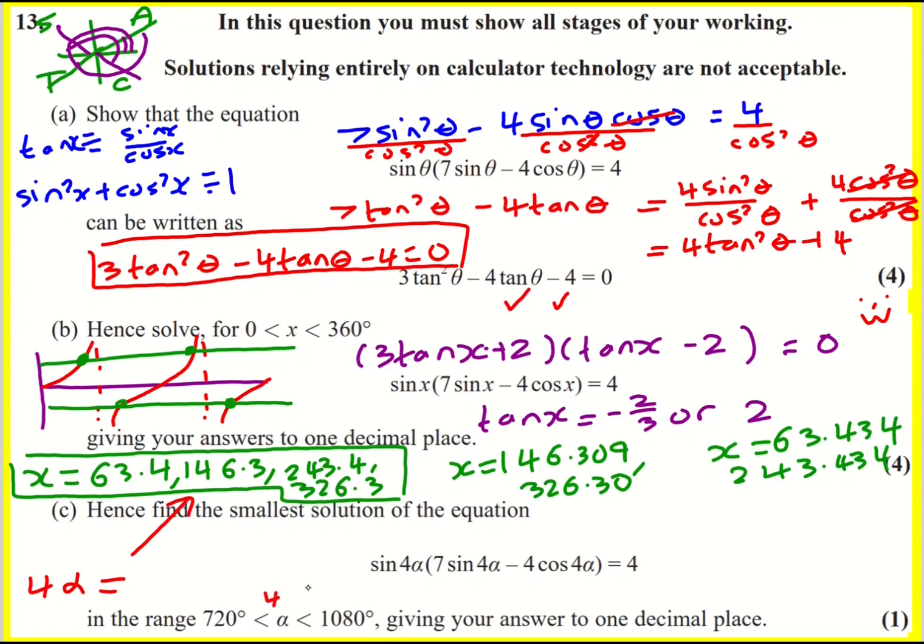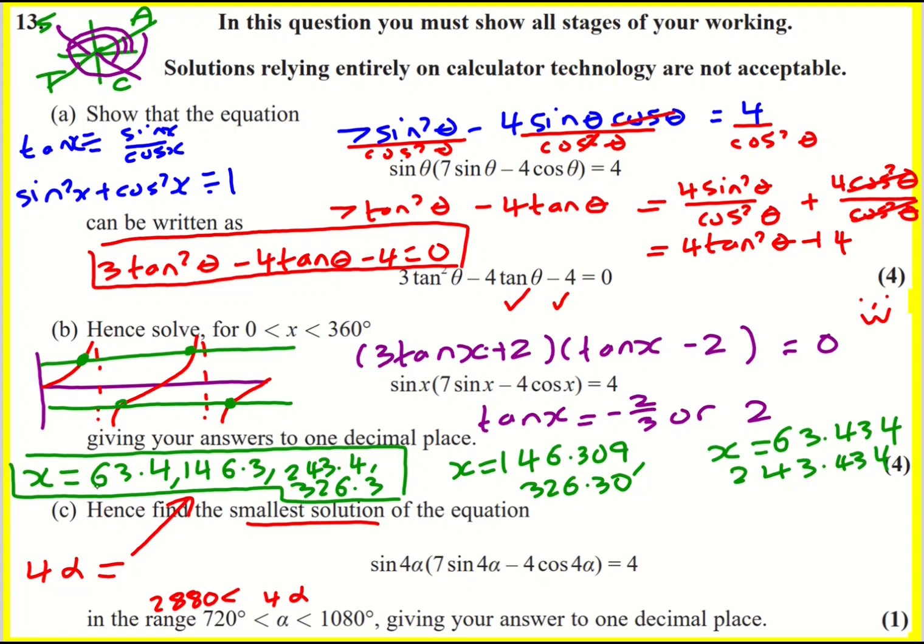And the range for 4 alpha is going to be, well, we need to take the 720 and times that by 4, so 2880. And we're looking for the smallest solution. So I'm not even going to worry about writing down the 1080. I just want the smallest solution beyond 2880. So really, I've just got to keep adding on 180.